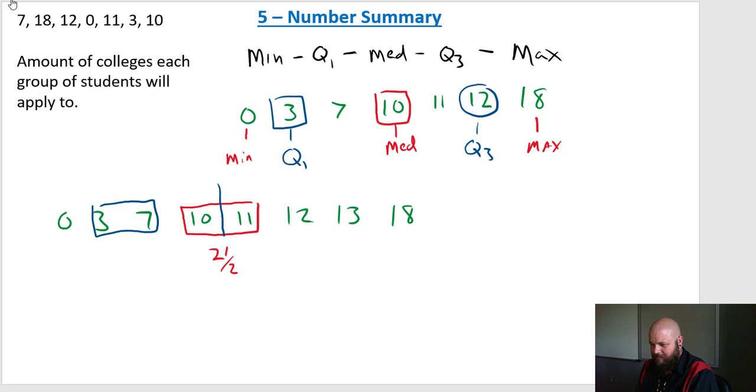So we would get 5. Okay, and then for the upper, we would get 12 plus 13, so we would get 25 divided by 2. So we should get, what would that be, 12.5?